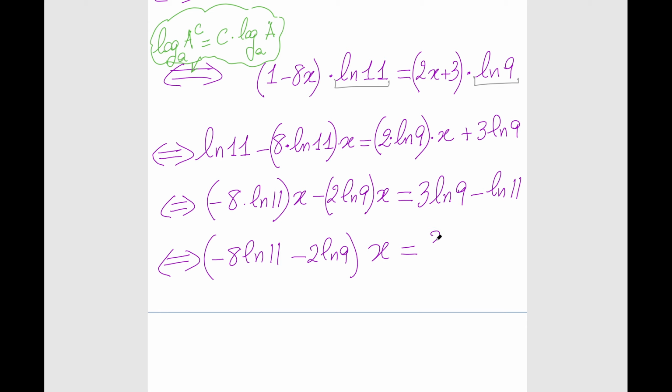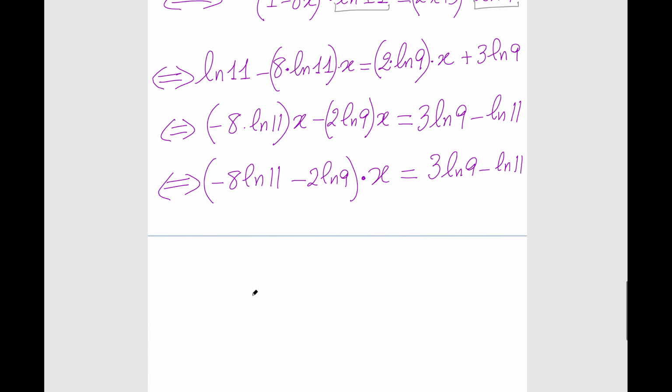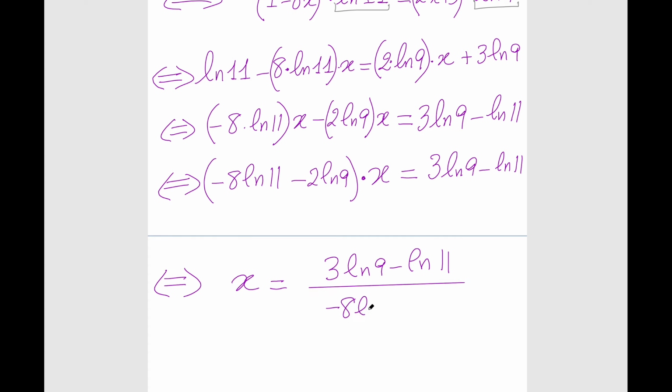All right, equals 3 ln 9 minus ln of 11. Okay? And whatever this number is, I'm going to undo its action, and its action is I'm multiplying by this number. To undo it, you just divide by this number, right? So you get x equals 3 ln 9 minus ln of 11 divided by negative 8 ln of 11 minus 2 ln of 9, right?